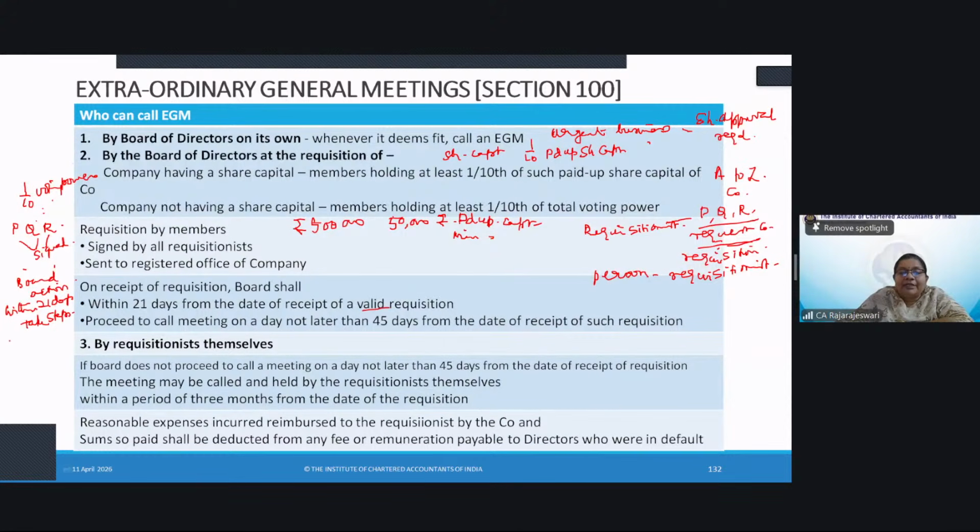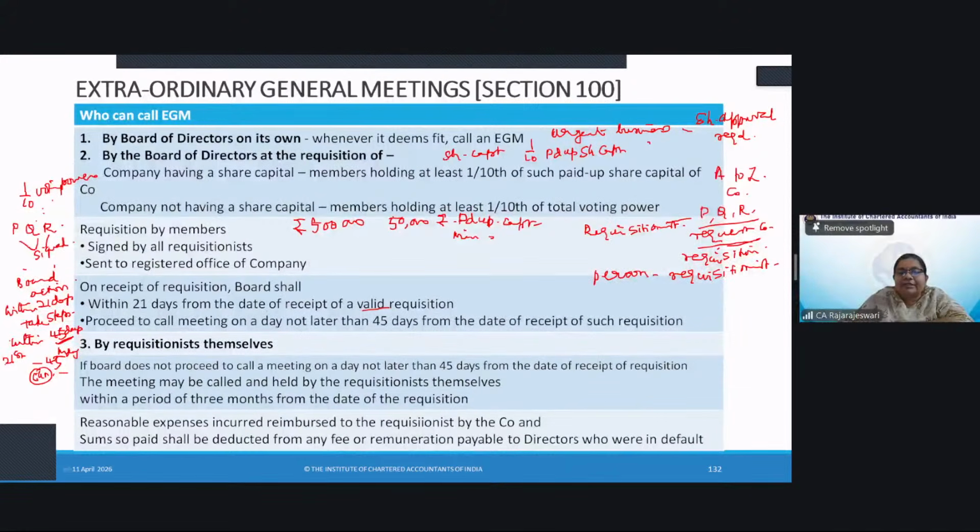to call a meeting within 45 days, so not later than 45 days. So from the 21st day to the 45th day, the EGM has to be called, at the latest by the 45th day.